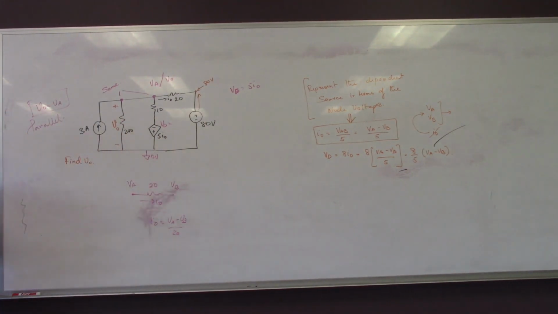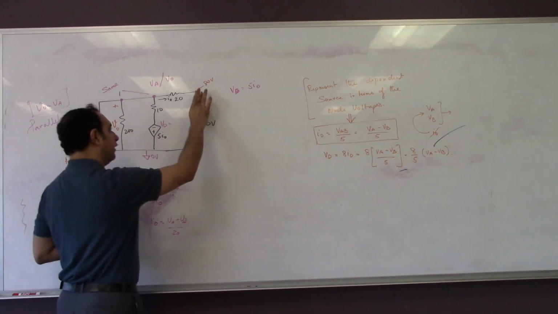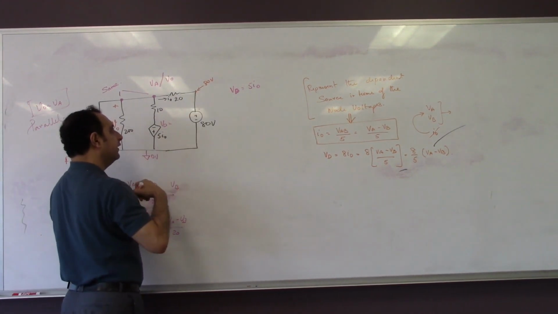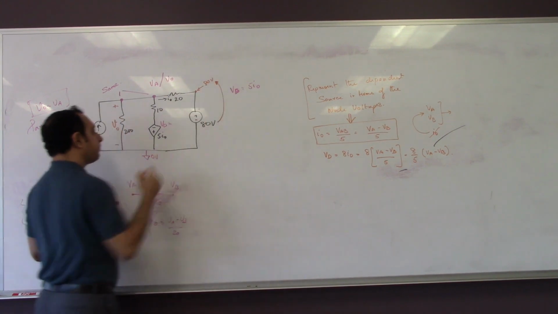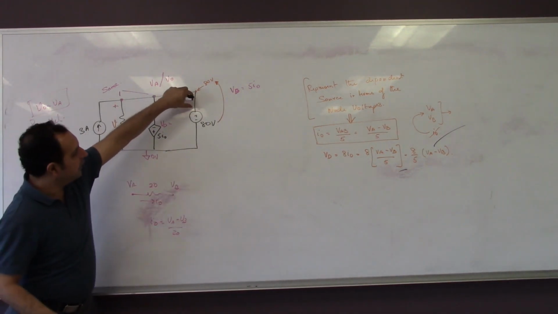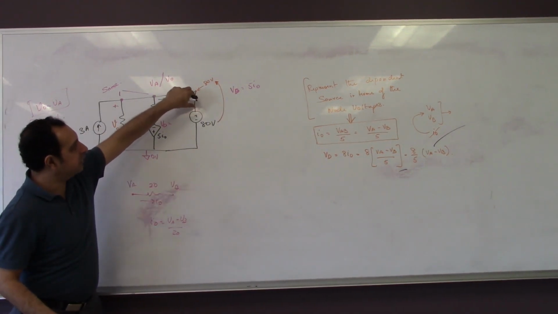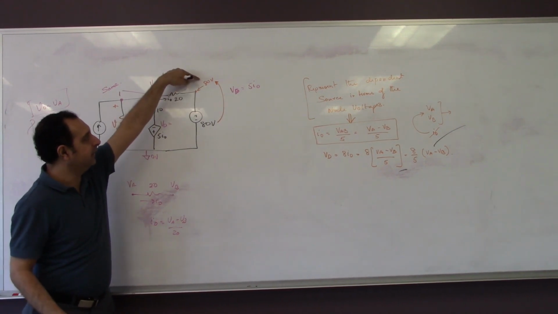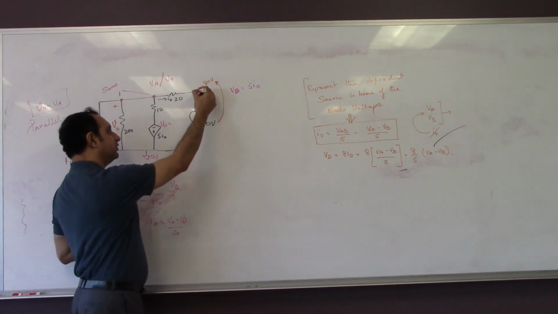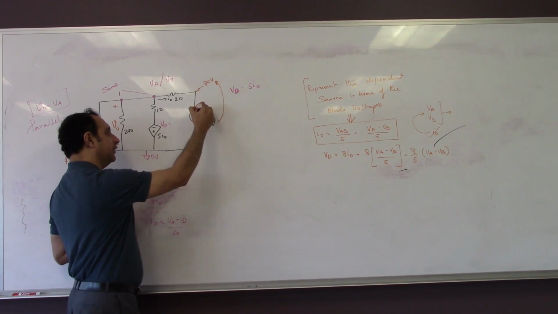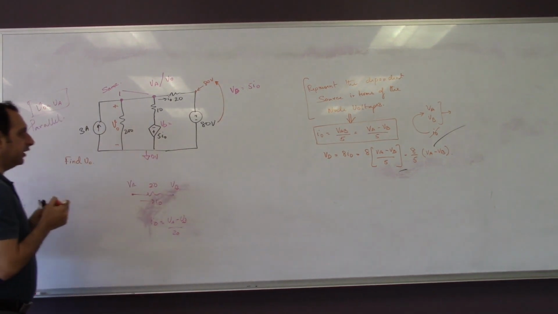It is the same voltage. There is nothing connected here. If there was an element or a resistor connected here, this would not be 80. Measuring here is as good as measuring here because there is nothing connected in between them. It's a direct connection.